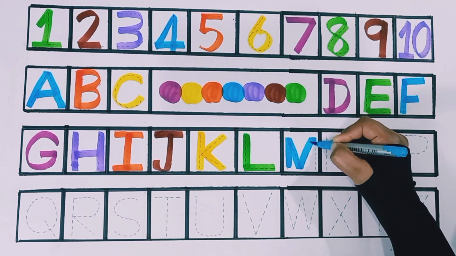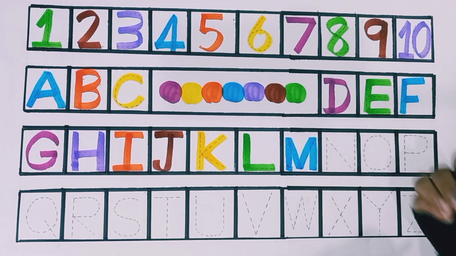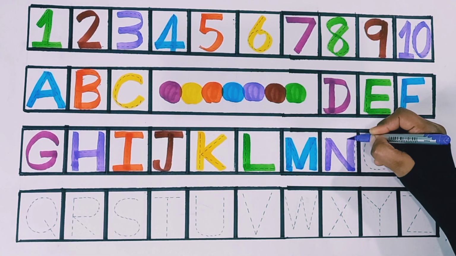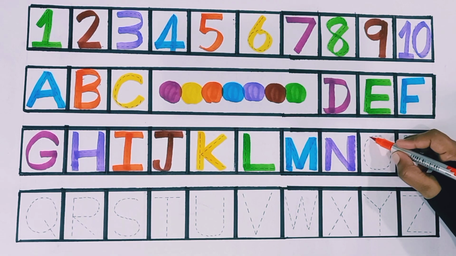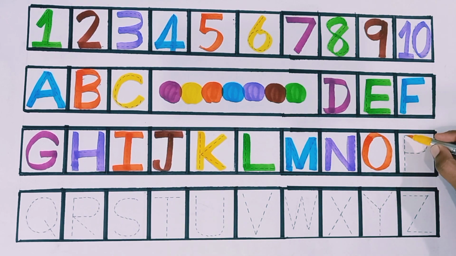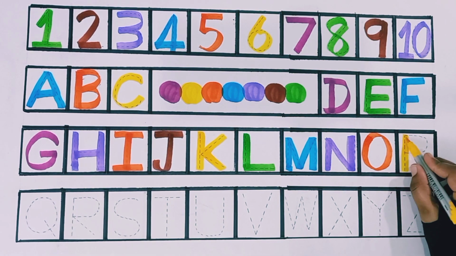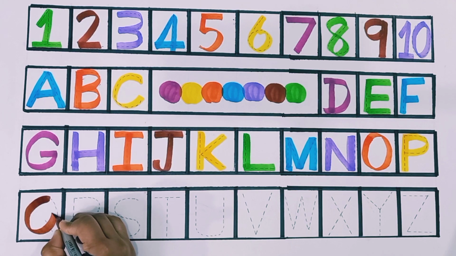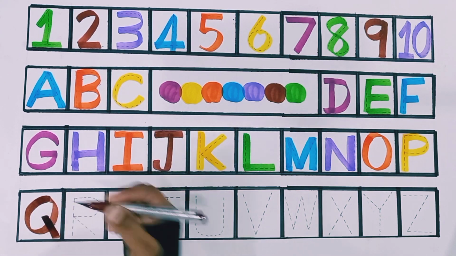M for mouse. N for net. O for orange. P for parrot. Q for quilt.